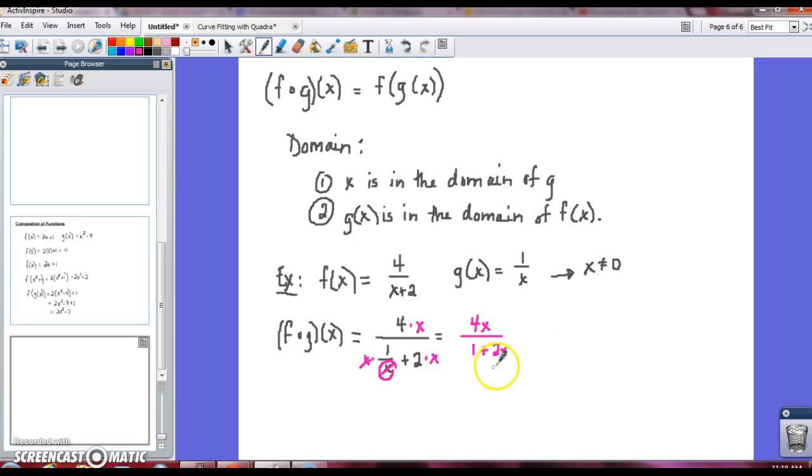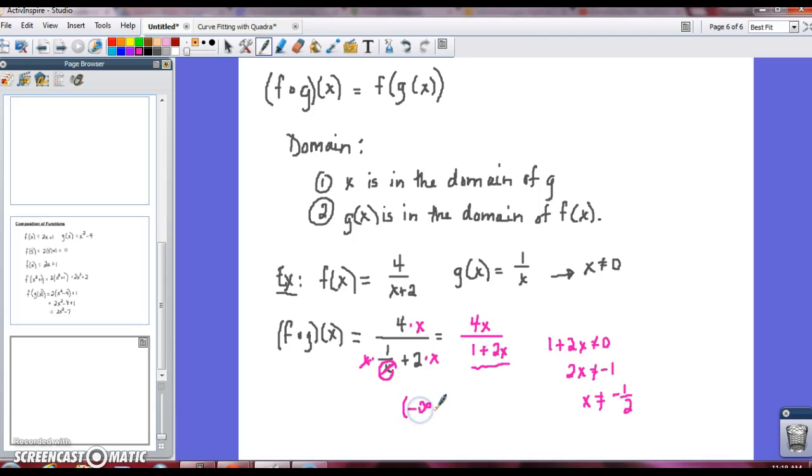Okay, and now let's look at this denominator, and I say here, well, I know that that can't equal 0, right? So I end up with x as a negative 1/2. So I know that x cannot equal negative 1/2. And so my domain for my composition then would be this.